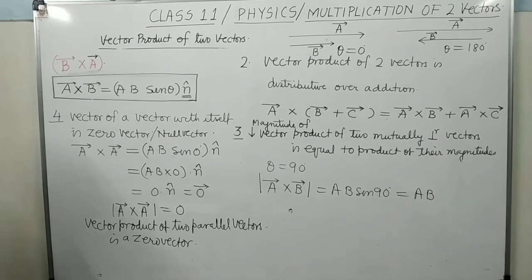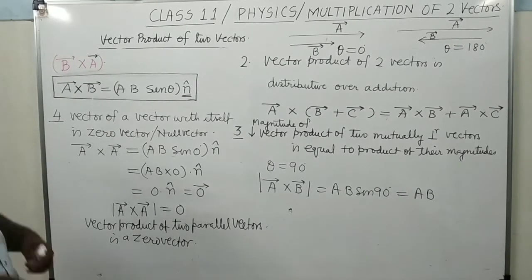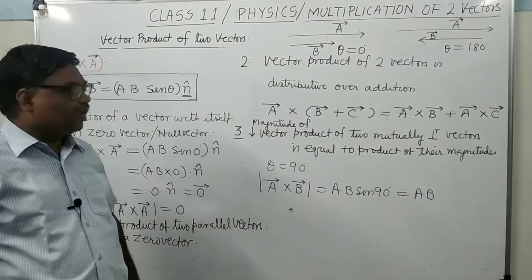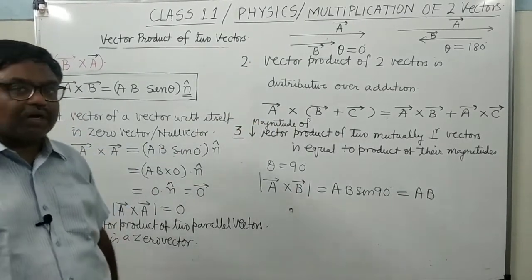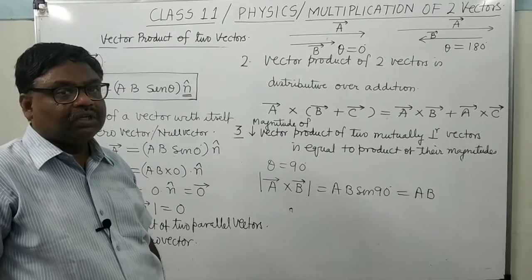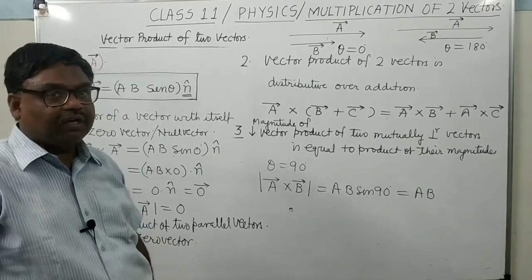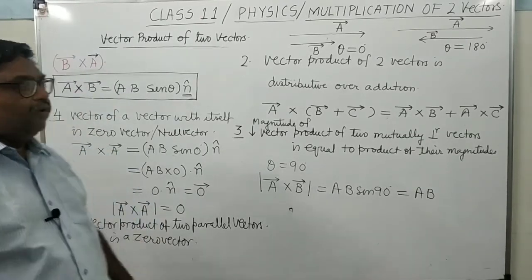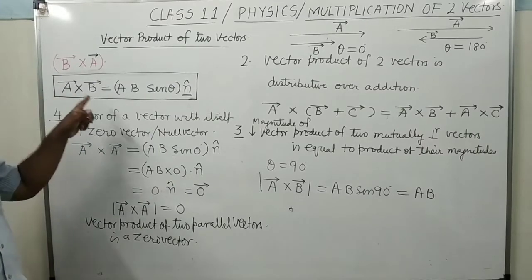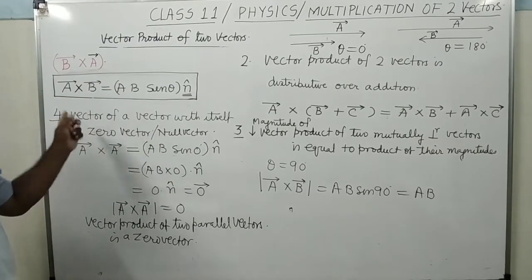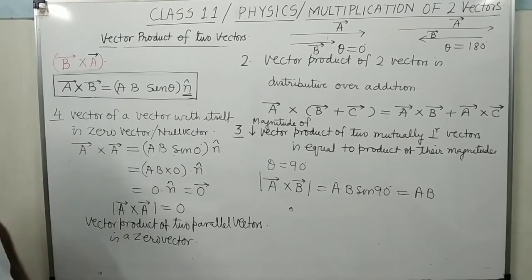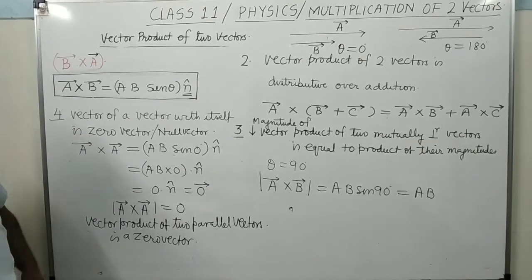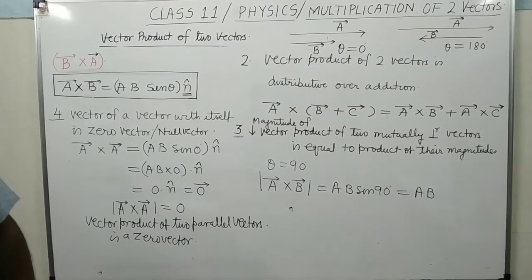These are very important properties. The vector product of two mutually perpendicular vectors is equal to the product of their magnitudes, while the vector product of a vector with itself or of two parallel vectors is always a 0 vector, means their magnitude will be 0.